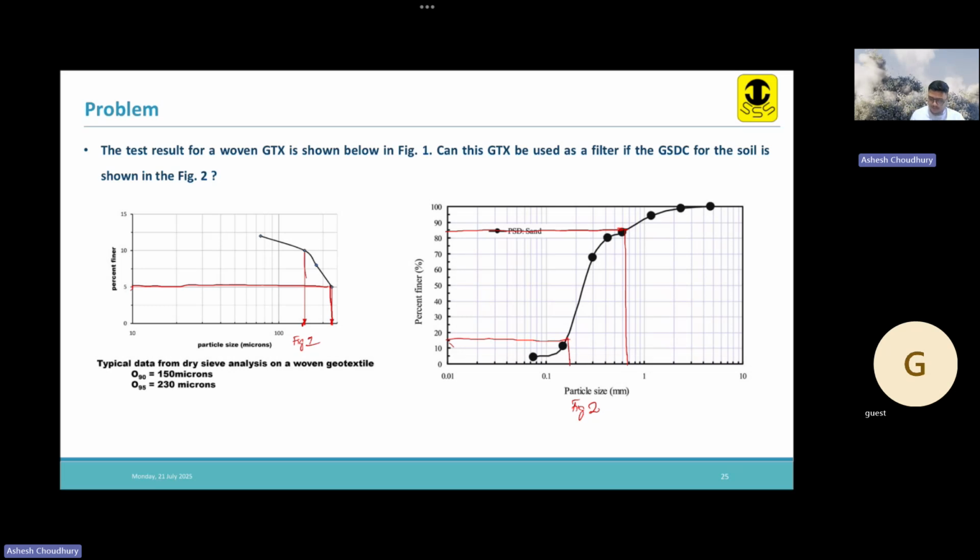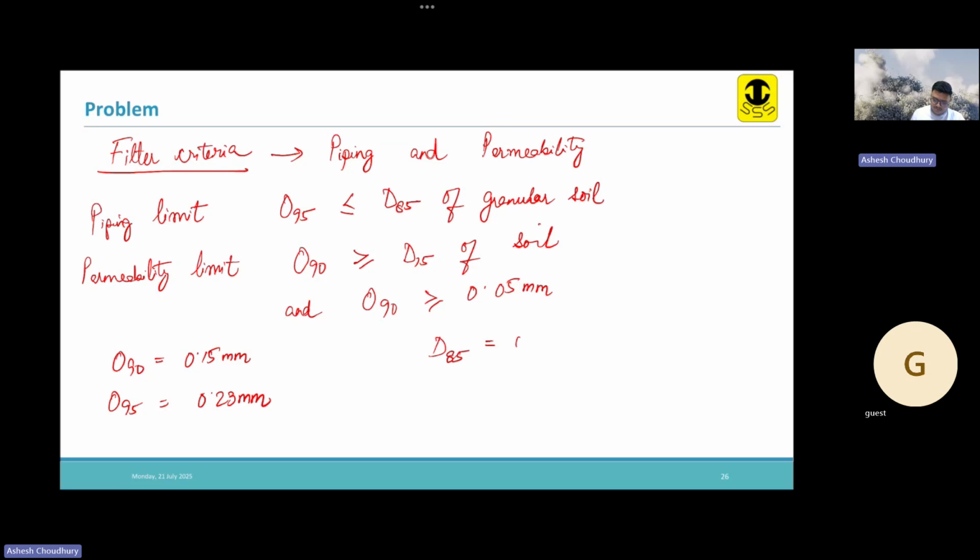You calculate it. We get D85 as 0.75 mm, and D15 is 0.6.